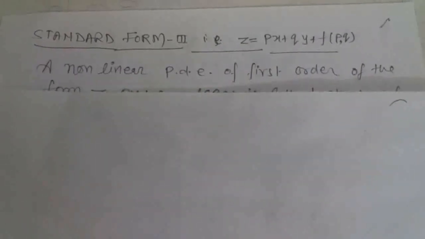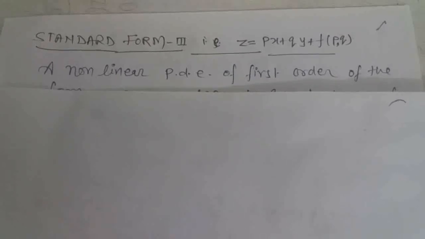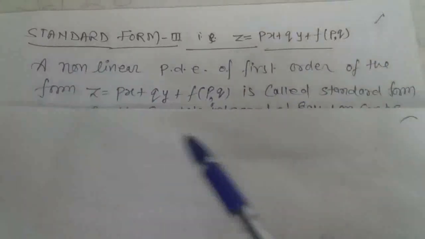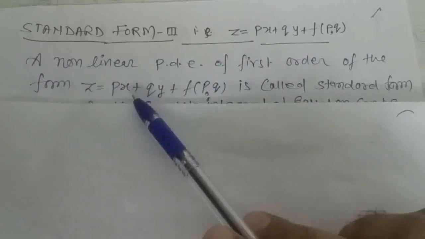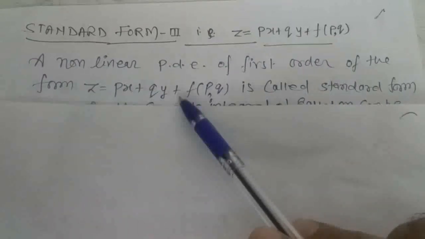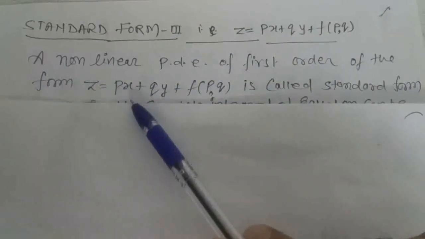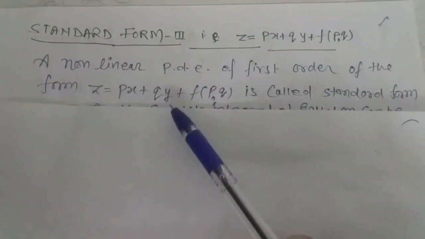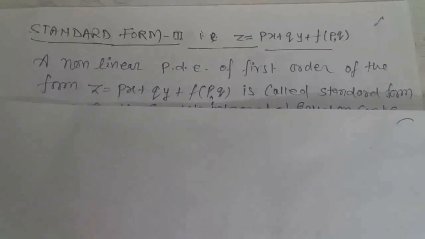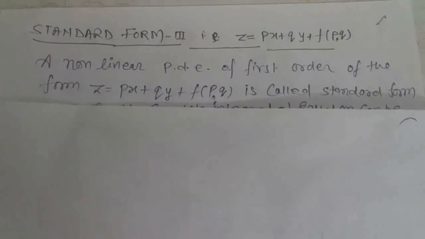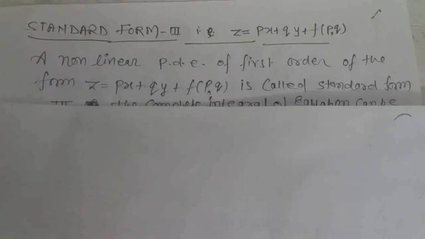A nonlinear partial differential equation of first order of the form z equal to px plus qy plus function of pq is called standard form third or Clairaut form.